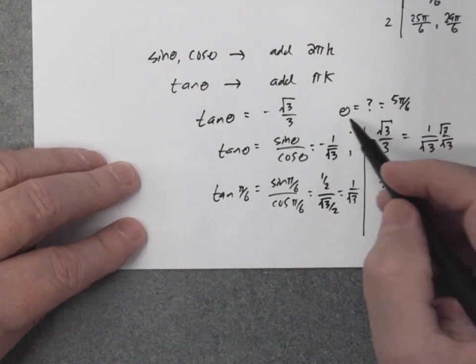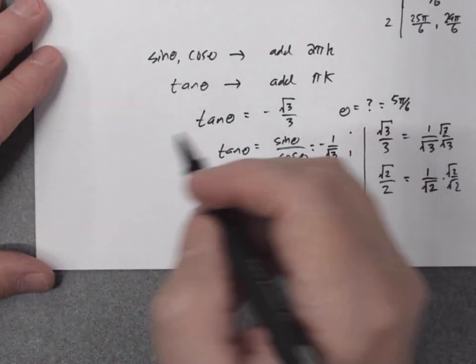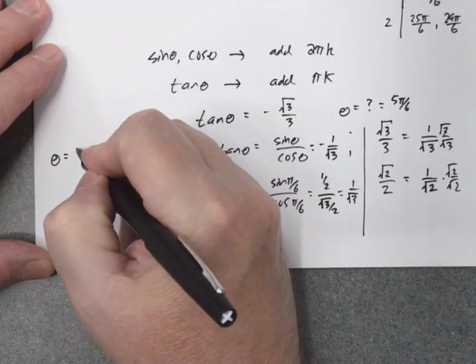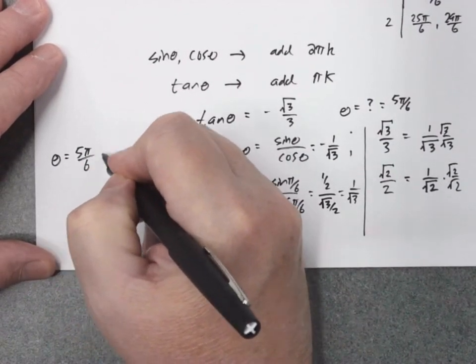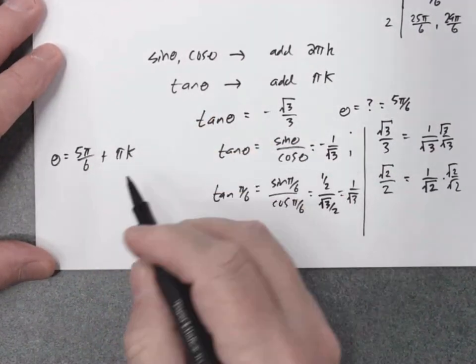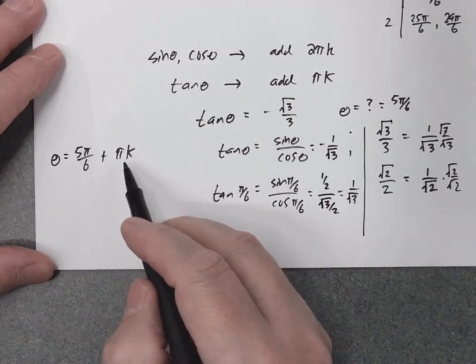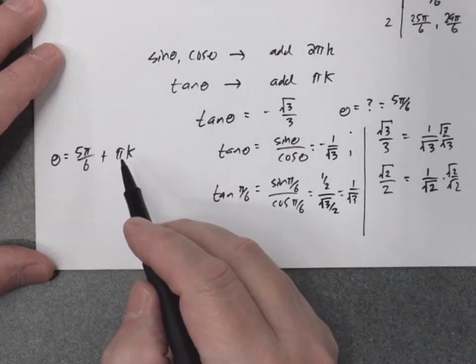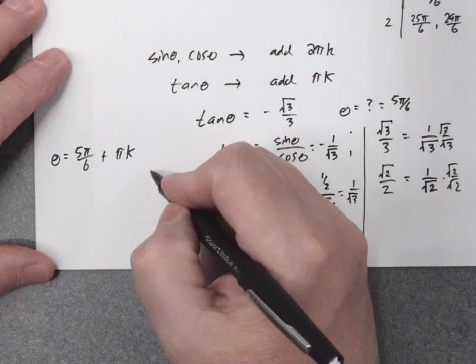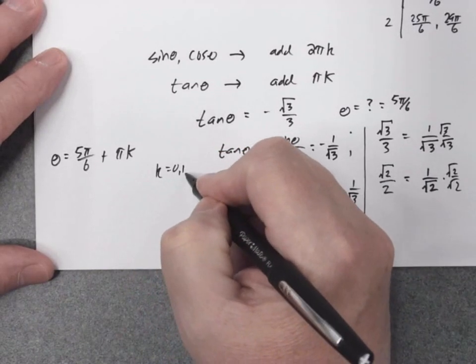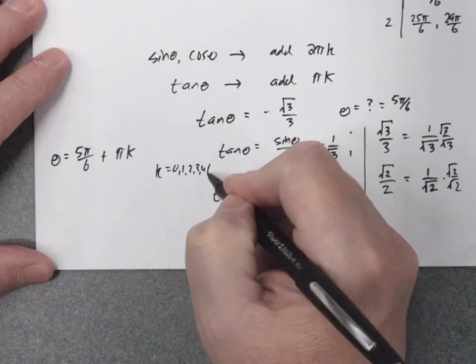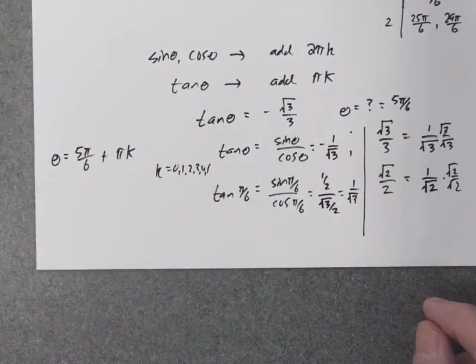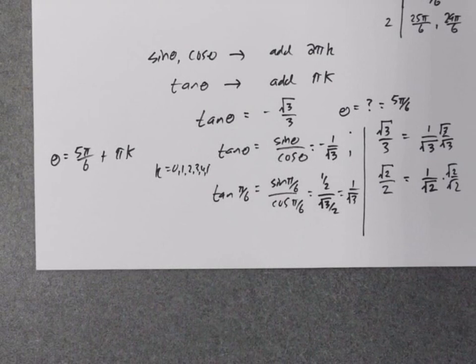Now I said for tangent, once you find this one solution, that's all you need, because instead of adding 2 pi k, when you're looking at tangents, you just add pi k. And then if they ask for 6 solutions, you just put in 6 values of k. All right, so that's the idea of solving equations and finding the general solution.